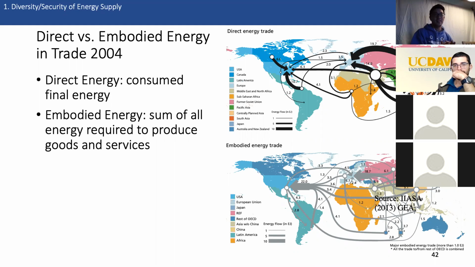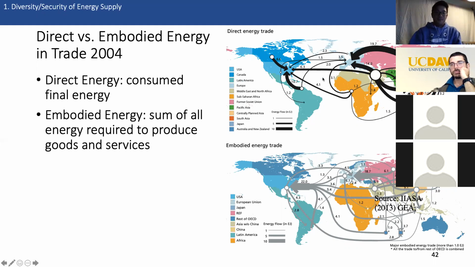So if I were to import gasoline from the Middle East, we can see the size of that flow of the final energy product into this country. And coincidentally, our largest import of gasoline and oil-derived products isn't from the Middle East. It's actually from Canada.